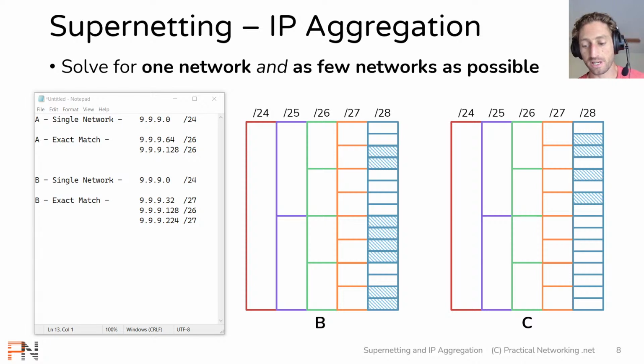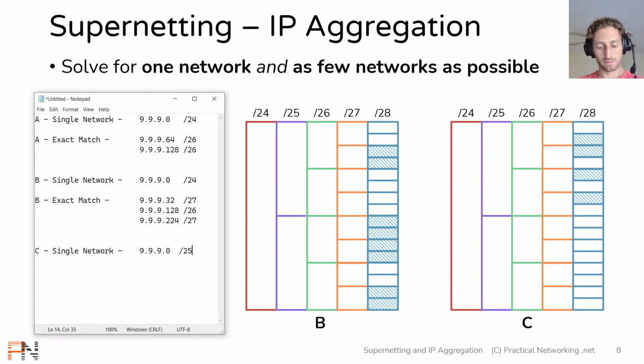The answer by exact match would still be the 4 /28s in the original problem set. If I was trying to summarize them into a single network, that /25 encompasses them all. So the single network would be 999.0/25. And then the exact match would be each of these /28s in the original problem set.